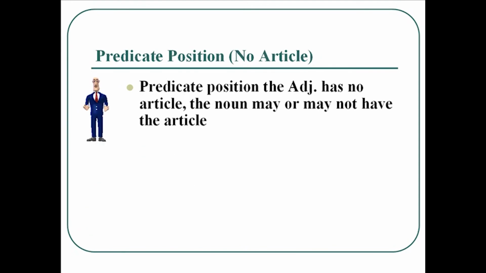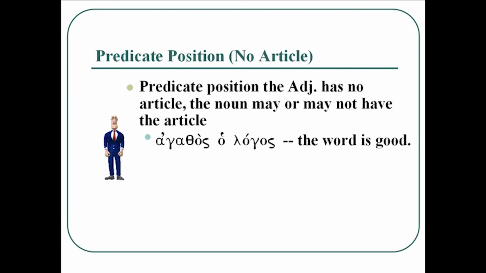Now, the predicate position for the adjective has no article. The noun may or may not have the article. So, for example, you've got agathos ho logos. The word is good. Predicate position is good.